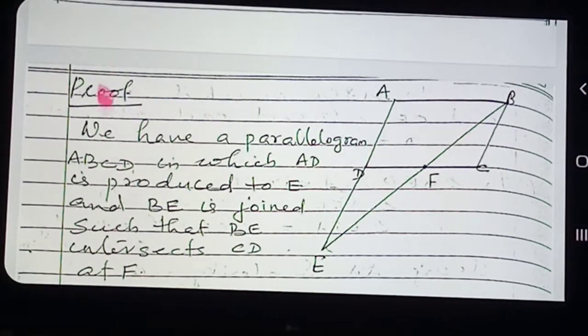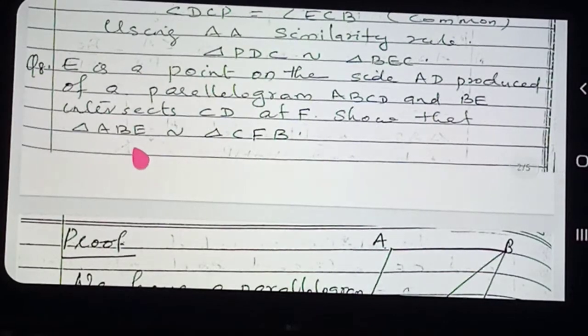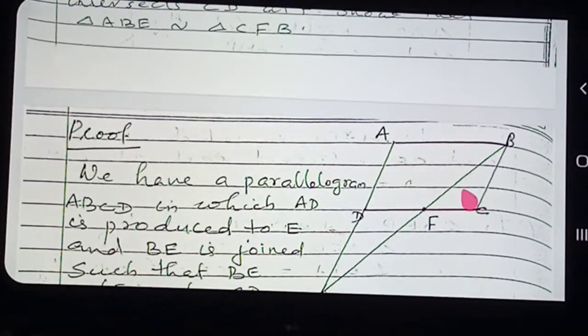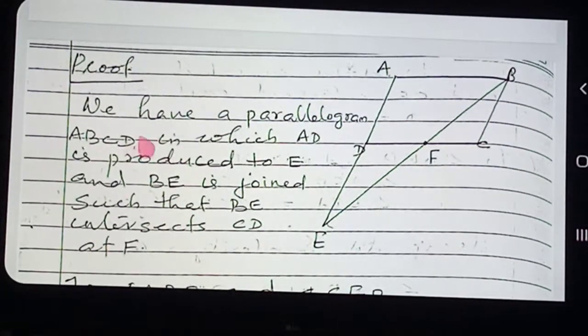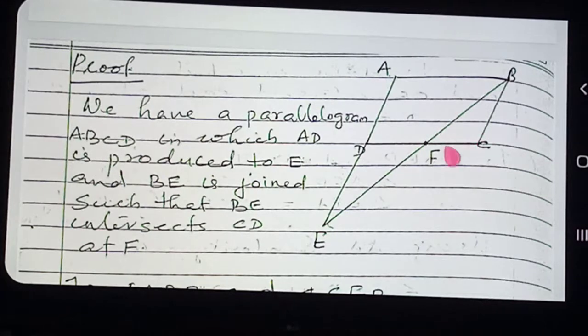So what do you want to prove? ABE, which triangle? This big triangle ABE, this one. And CFB, which triangle? This triangle CFB. These two triangles you want to prove similar. Okay, you yourself think, is there any idea? You want to prove that ABE, this big triangle, and CFB, this triangle, are similar.